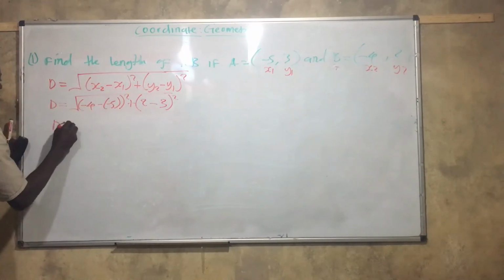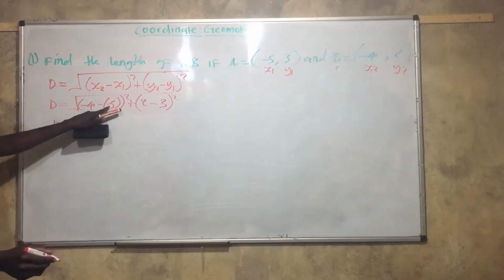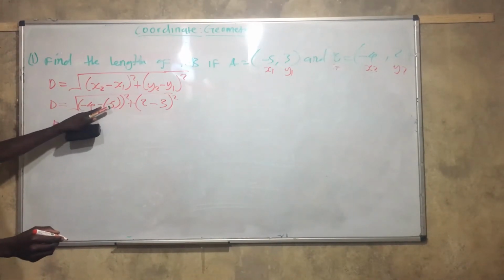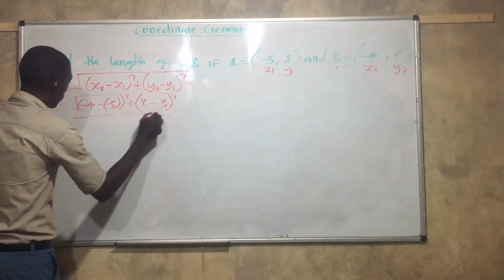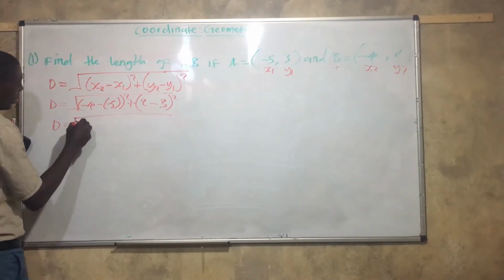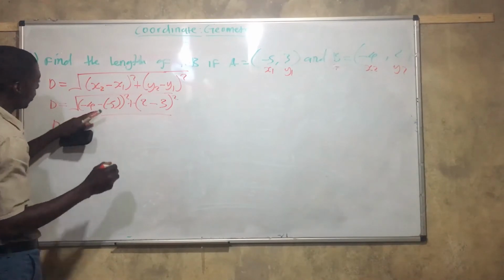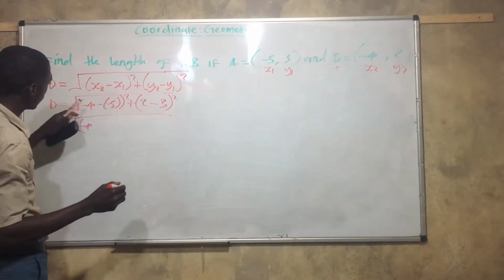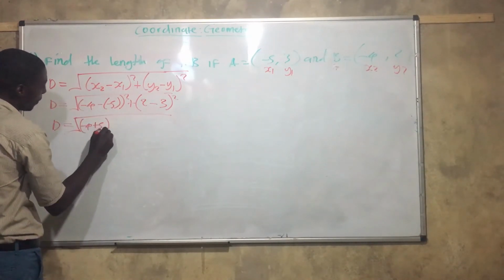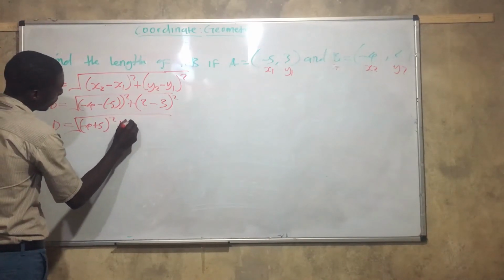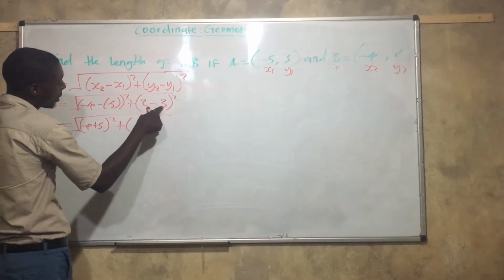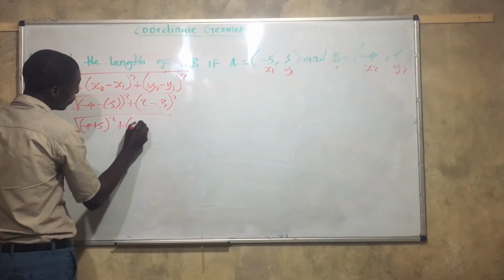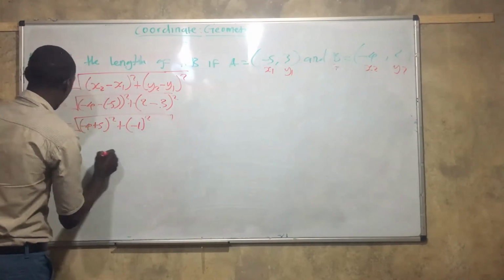If you have seen here, the 5 had a negative, but we are subtracting, so there are two signs there. Positive times negative, it will be +5, so -4 plus 5 is +1, squared, plus 2 minus 3, which is -1, squared.